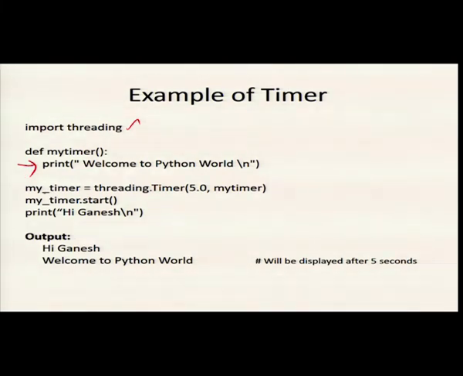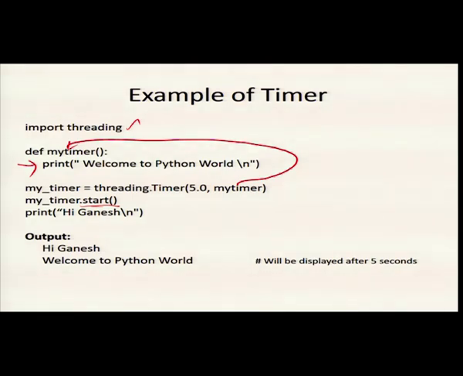Now my timer equal to threading dot Timer 5 comma my timer, where my timer is the name of the function. Then my timer dot start, as I have said, timer gets started with the method called start. Then print hi Ganesh.